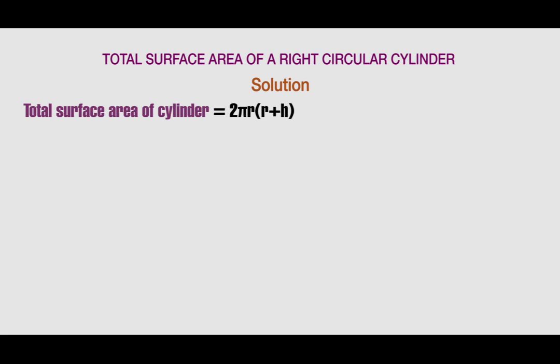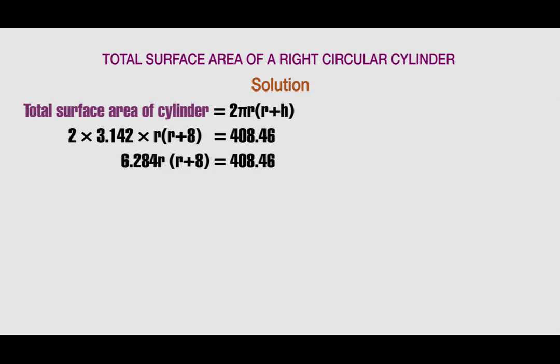So if you do the substitutions, then you are going to have 2 times 3.142 times r (r plus 8). That simplification will give us 6.284 r (r plus 8) to be equal to 408.46.